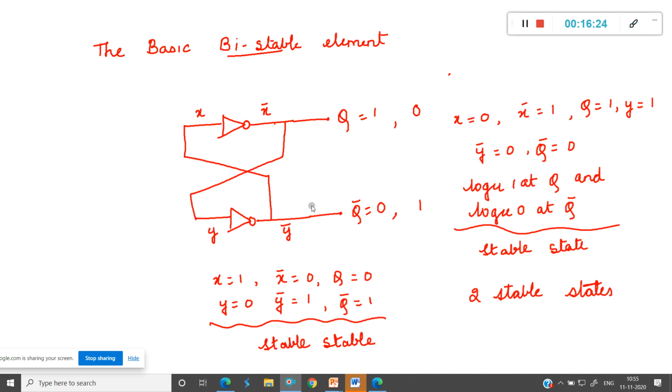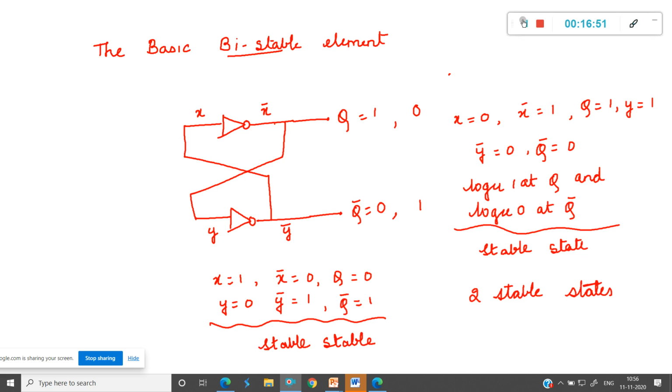It consists of a basic bistable element in which appropriate logic is added in order to control its state. The process of storing a 1 into a flip-flop is called setting or presetting of the flip-flop, while the process of storing a 0 into a flip-flop is called resetting or clearing the flip-flop.